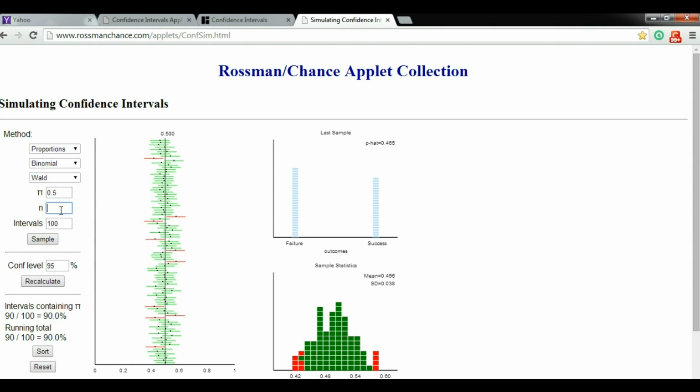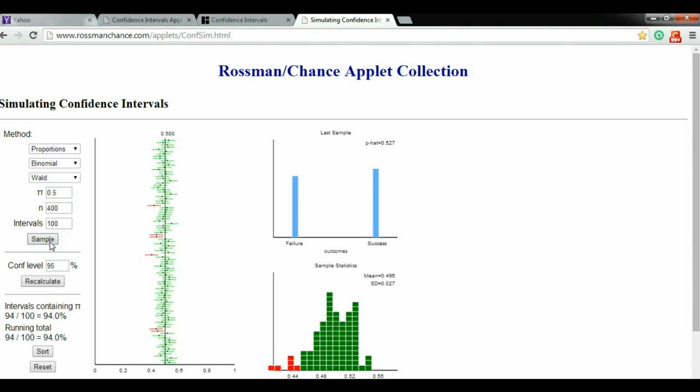Then I'll just do one more. Let's go from 200 to 400. We wound up getting a little bit of variation here, but notice how narrow your confidence intervals are as we increased our sample size. Some look like they're around 0.449, so a p hat of 0.405, and this is a p hat of 0.422.